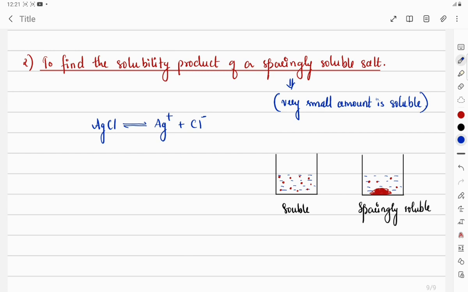If I want to write the equilibrium constant, that is K equilibrium, I know it will be concentration of products divided by concentration of reactants. So from this equation, it will be concentration of Ag+ times concentration of Cl minus divided by concentration of AgCl.